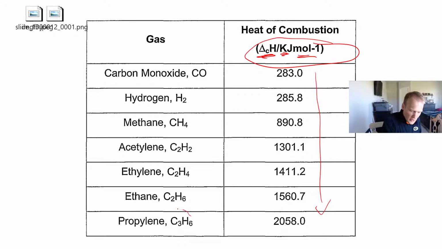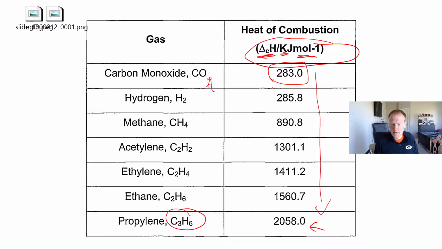Notice the larger molecule produces more heat. It's because there are more bonds to break, which should make sense. The smaller molecules only have this. Carbon monoxide only has one bond, and guess what? A little heat. So we would give you these numbers. We would obviously not make you remember them.